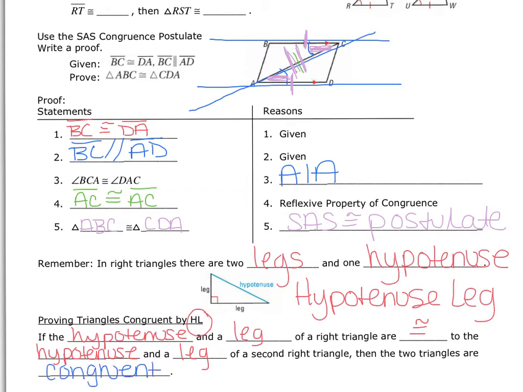So again, let me break that down for you. The hypotenuses are going to be congruent. And then one pair of the legs are going to be congruent. It doesn't matter which pair as long as they're the corresponding legs that are congruent.